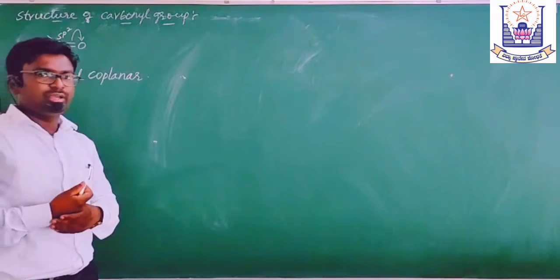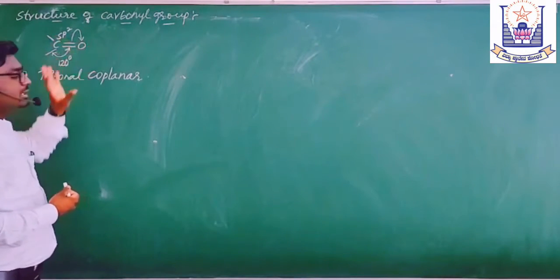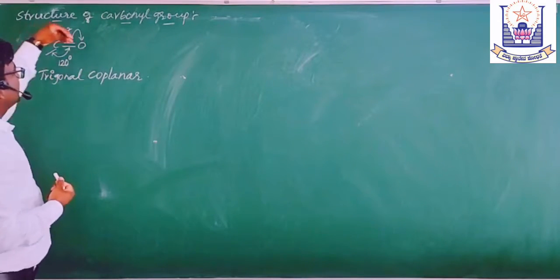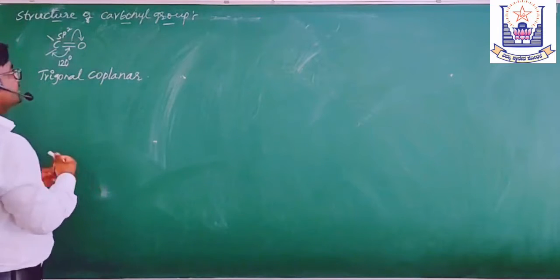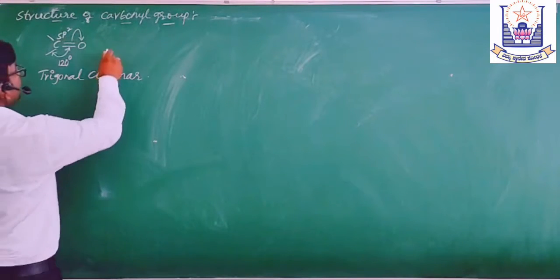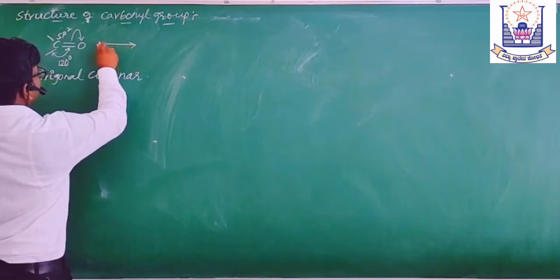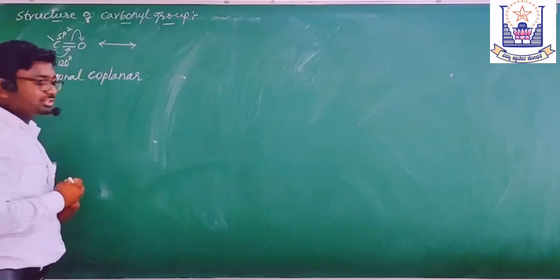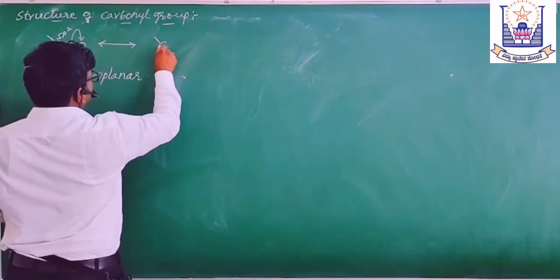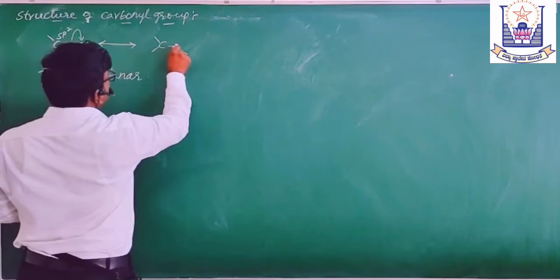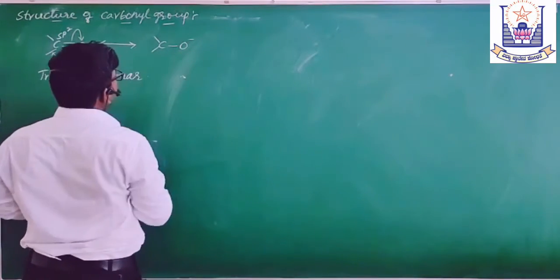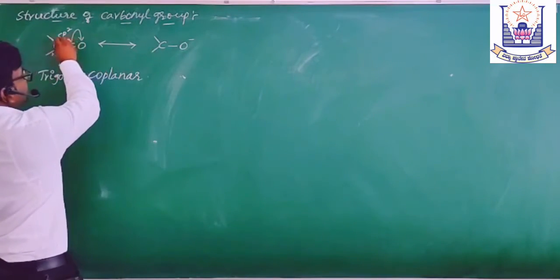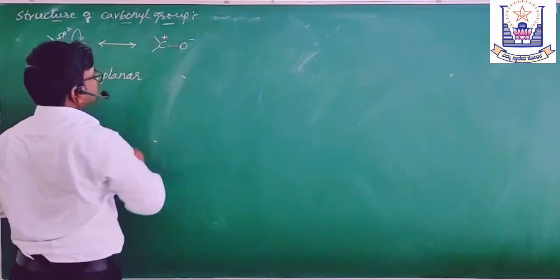Oxygen is more electronegative, so it will pull the pi electrons onto itself, and this can be shown by resonance structures. When oxygen pulls electrons towards itself, it becomes O minus, and due to the loss of electrons, this carbon gains a positive charge.